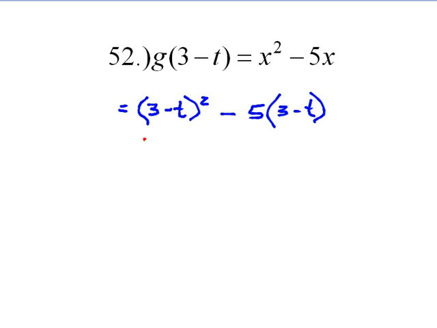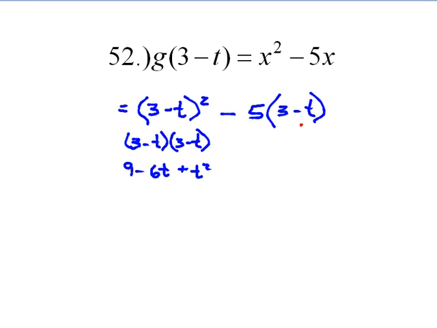Now you know this as 3 minus t times 3 minus t. So that will come out a trinomial. It will be 9 minus 6t plus t squared.